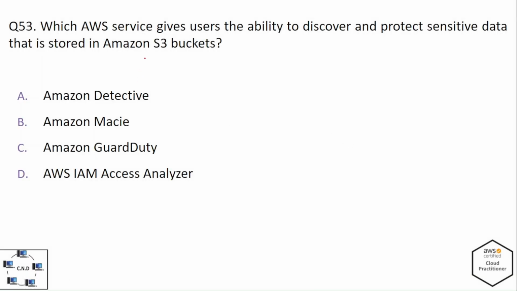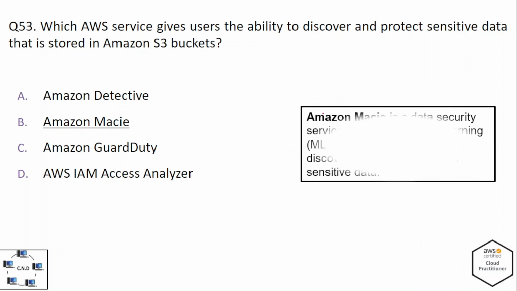Question number 53 is that which AWS service gives users the ability to discover and protect sensitive data that is stored in Amazon S3 buckets? And the options are A. Amazon Detective, B. Amazon Macie, C. Amazon GuardDuty, and D. AWS IAM Access Analyzer. And the correct option is, so Amazon Macie can be used to discover and protect sensitive data inside your Amazon S3 buckets.